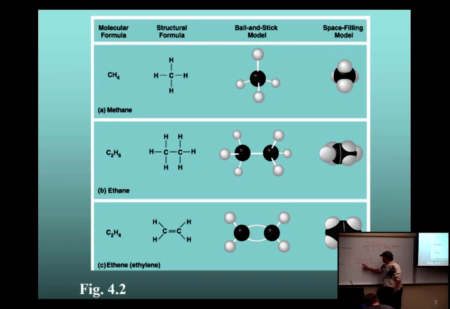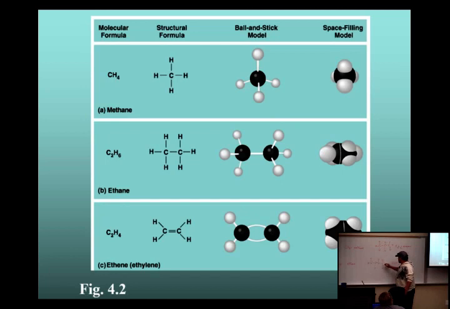But what if I put one here? Okay, so let me fix it. 1, 2, 3, 4, 5. Okay. So is that the same molecule?